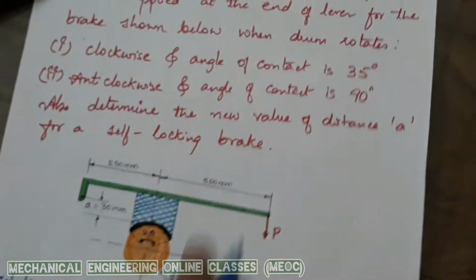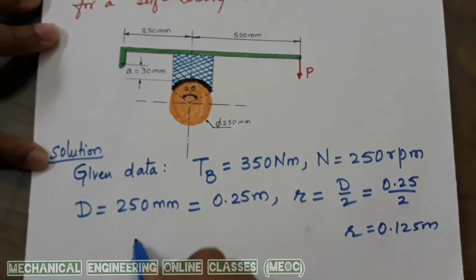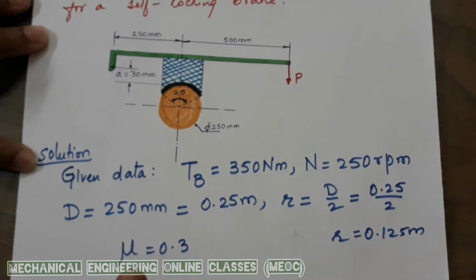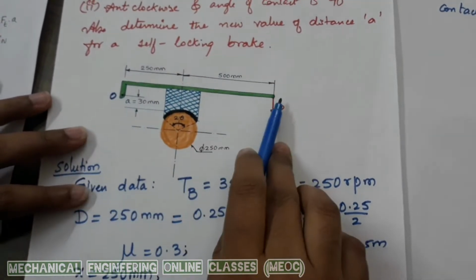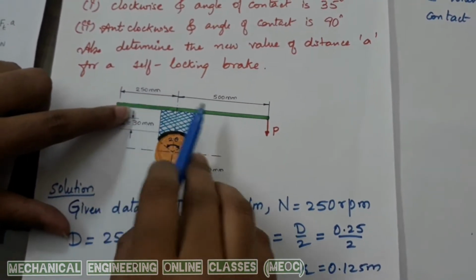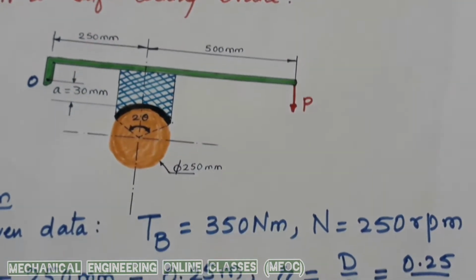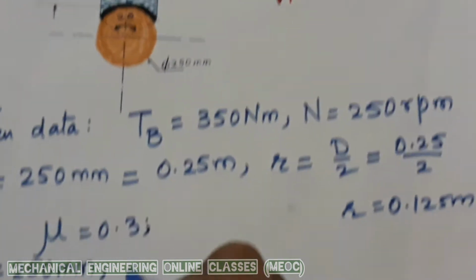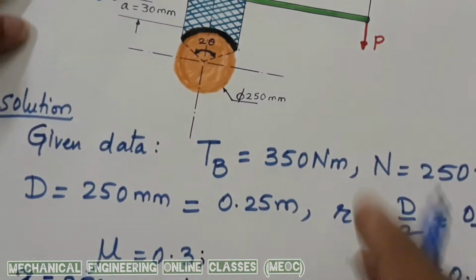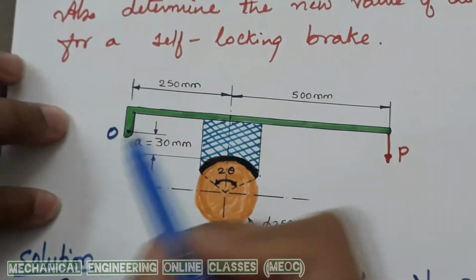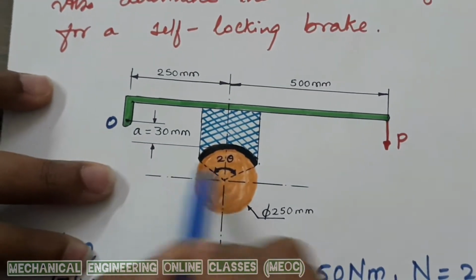And also the coefficient of friction is given as 0.3. So mu is equal to 0.3. From the figure, L is the total length of the lever, which is 250 plus 500, which will be 750. And we know that in all the previous cases we have denoted the distance between the center of the drum and the fulcrum as x.